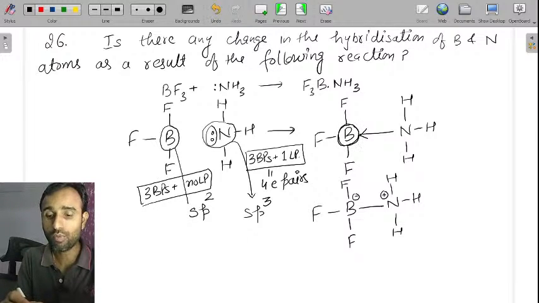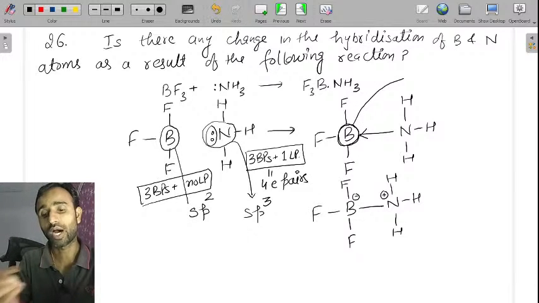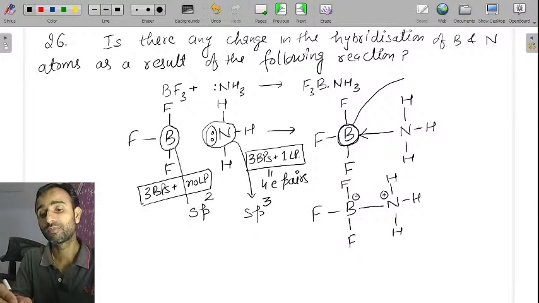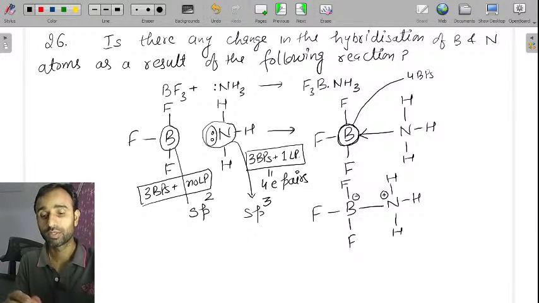Now tell me here. Boron now has how many bond pairs? After the reaction, now boron has 4 bond pairs, right? 3 covalent bonds, 1 coordinate bond.